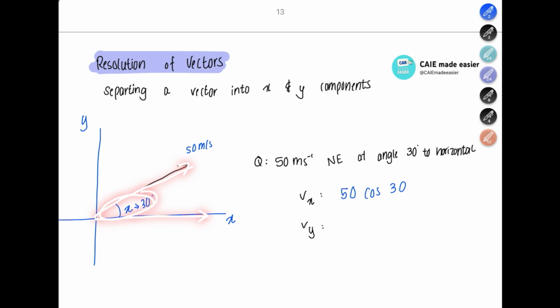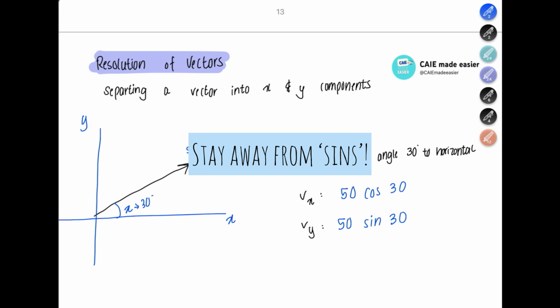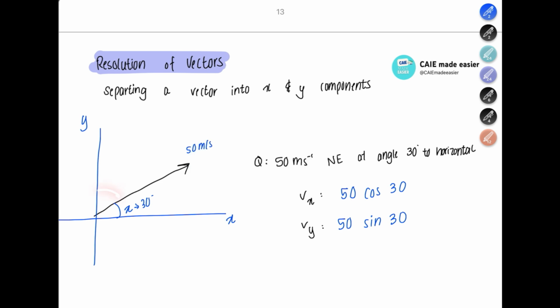So you know this angle is 30, that's why you write 30. Now here you don't know the angle, right? You can find it, but 30 is not the angle, so you'll use sine then. So we'll use 50 sine 30. That's it. A quick way to remember is to stay away from sine. So the angle that's away from you is given, so you can use sine.